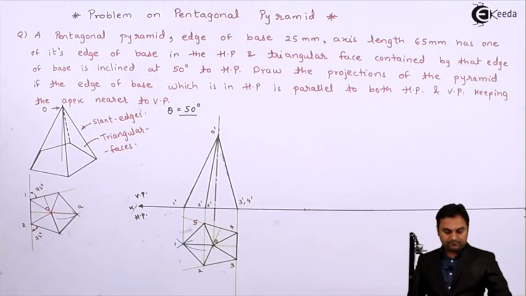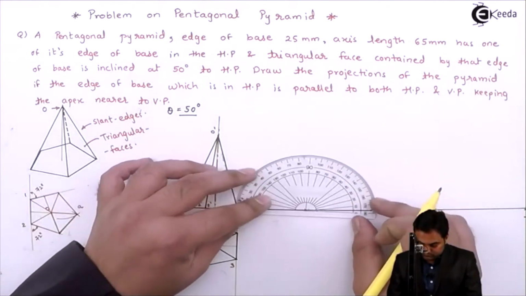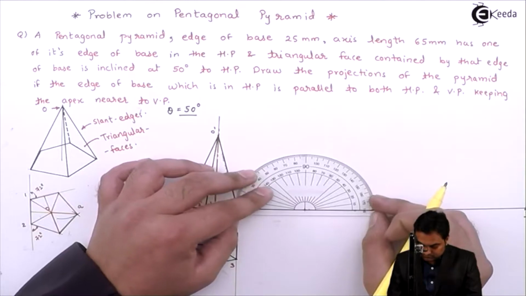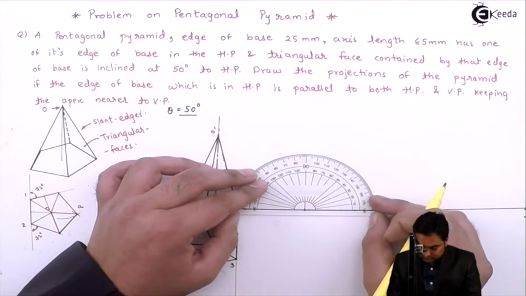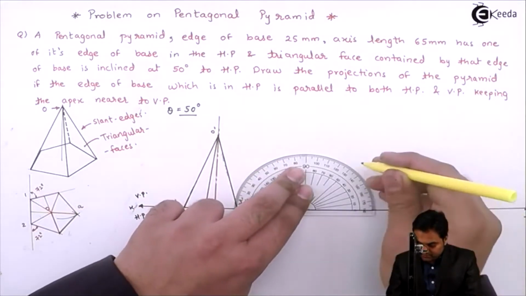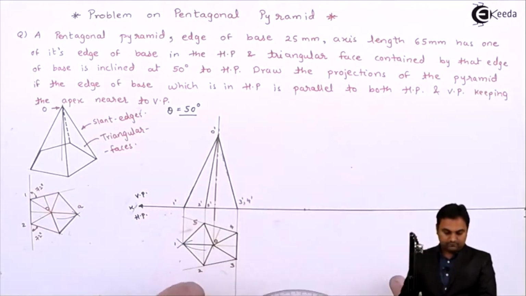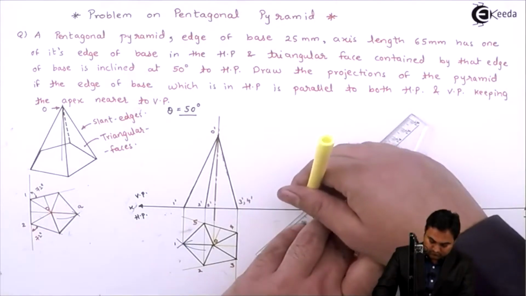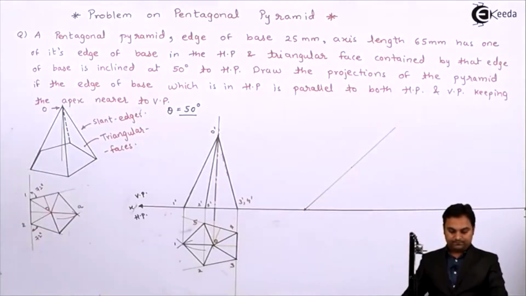Taking a point here. Measuring an angle of 50. Drawing a light line.